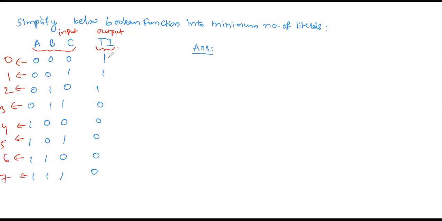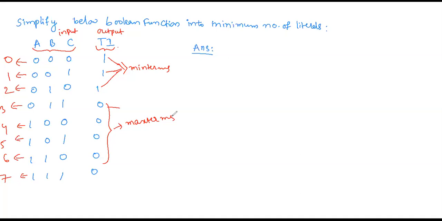Wherever the 1 is present, we call them minterms. Wherever zeros are present, we call them maxterms. You can write the Boolean function using minterms, or you can write it using maxterms. The choice is yours.